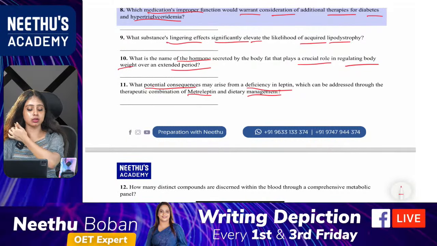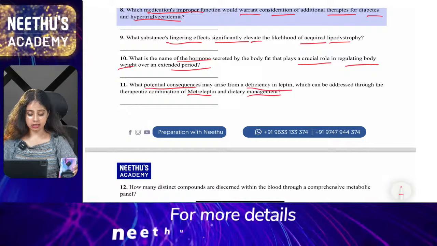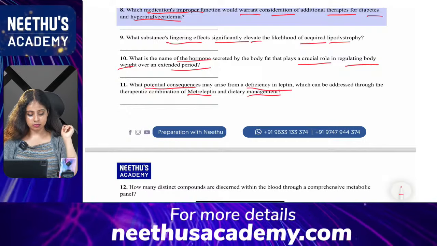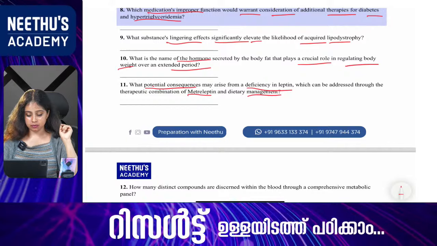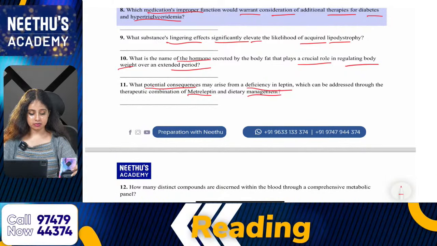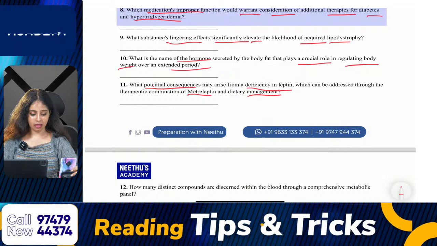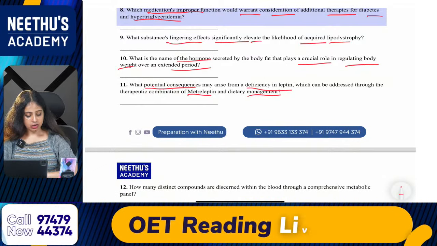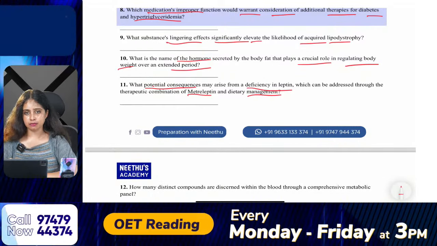Any idea for the 11th question? Aishwarya, tell me what is the answer to question number 11? Do you know the answer? Any idea? Okay, so the answer is metabolic complications.